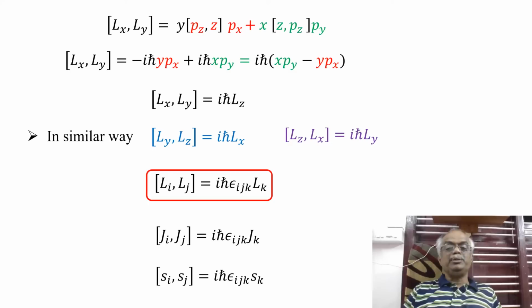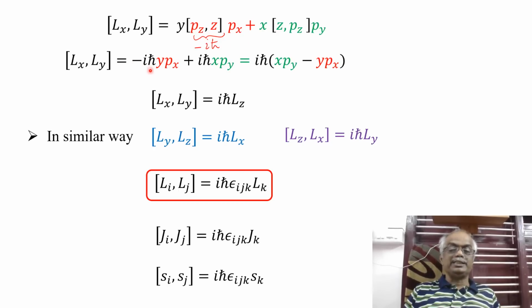Finally, we got this expression. What is the commutation between pz and z? It is minus iħ. So, you know very well this is minus iħ. You are taking minus iħ first because it's a constant, then y px. What about this? z pz is plus iħ.